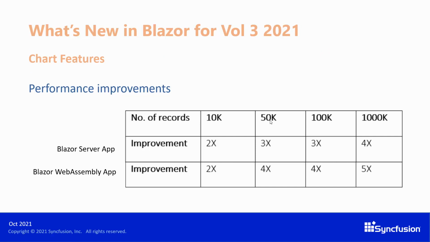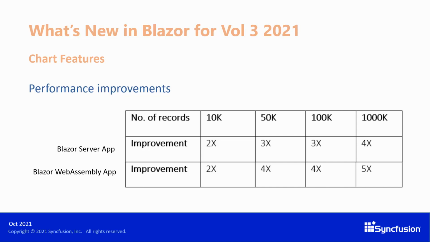Next, moving on to the features that are added to the chart component. There are no new features added in the chart component, but some performance improvements have been added. Like you can now load large amounts of data, which you can refer from the metrics shared here. Not only loading large amounts of data, but you can also make dynamic updates much faster now.